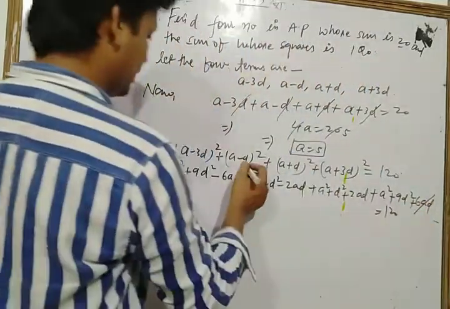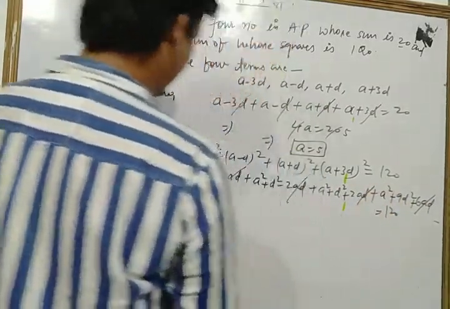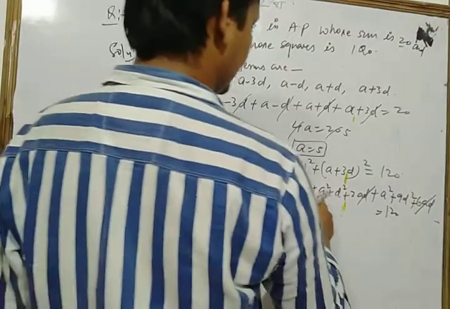Now plus 6ad and minus 6ad cancel each other, and minus 2ad and plus 2ad cancel each other.